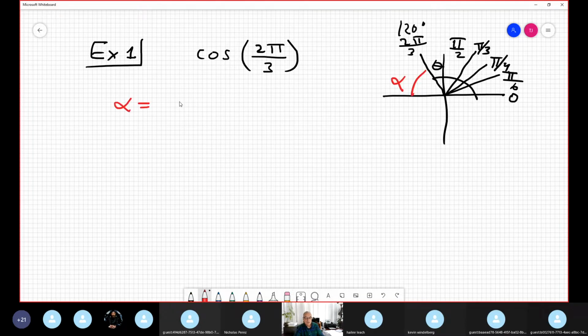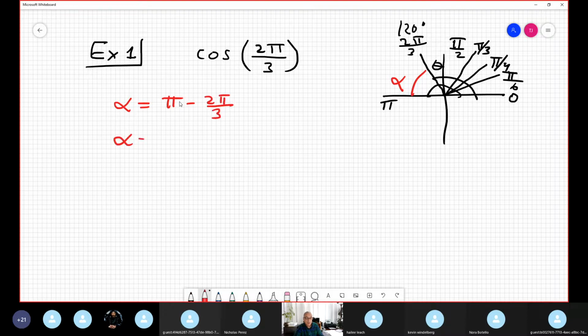Alpha is pi, because in degrees it's 180. You use 180 in degrees, but in radians you use pi, which is equivalent. This is pi here, over there, pi. This angle is pi. Pi minus 2 pi over 3.